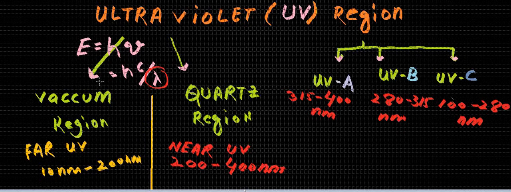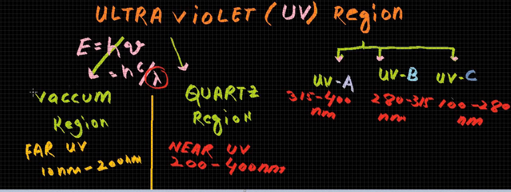When studying UV visible spectroscopy, the UV region is mainly divided into two wavelength regions. One is known as the vacuum region, which is from 10 nanometers to 200 nanometers, shorter wavelength and higher energy. It is called the vacuum region because you cannot study the spectra or quantification of a compound unless you create a vacuum to analyze the sample.